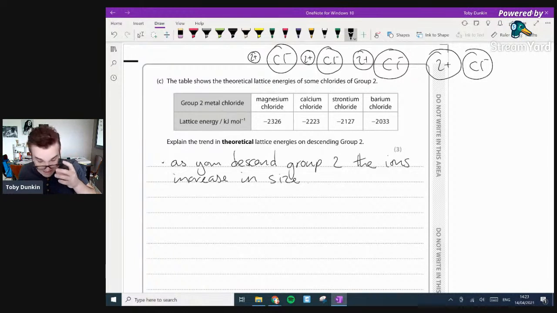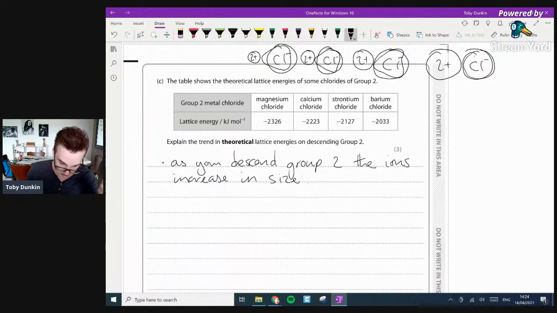Now what's interesting is the lattice energy. So it's becoming less covalent, yet they're getting weaker. This one we know has covalent character. This one has less covalent character, and this one is almost purely ionic.